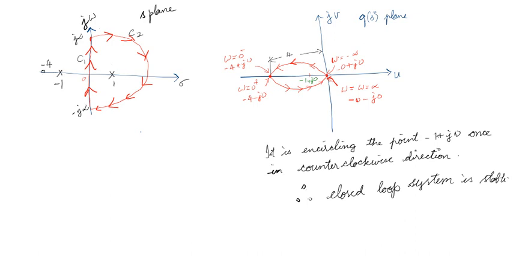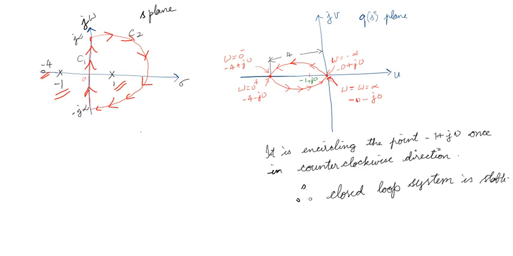Look here, it is encircling. I have marked the poles and zero. There are two poles, one at minus 1 and another at plus 1, and a zero at minus 4. So it is encircling one pole. That means it should encircle minus 1 plus j0 once in the counterclockwise direction.